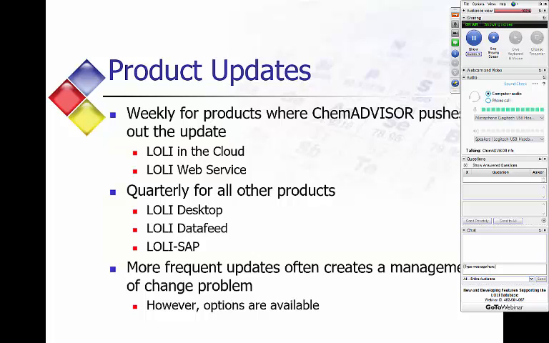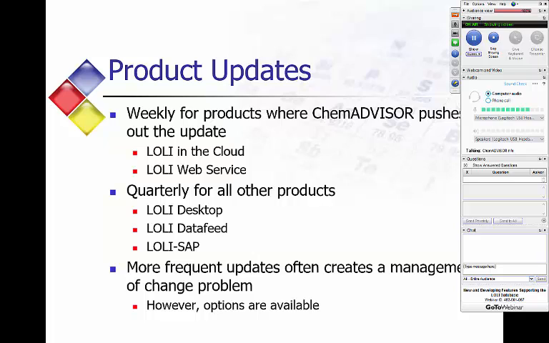These are available options. Otherwise, for the desktop data feed and our other supported applications, this update is done once a quarter. The reason for that is basically the OSHA requirement for a 90-day update. OSHA says that as new information is available, you have to incorporate it within 90 days of its publication.